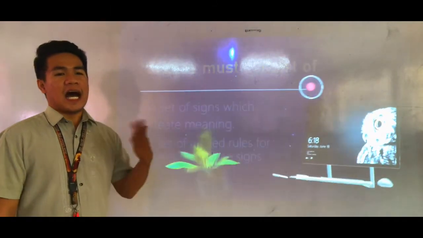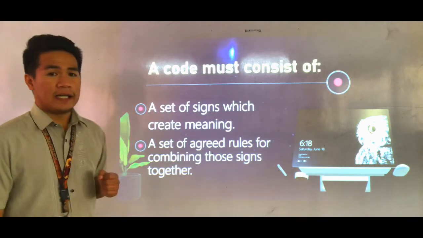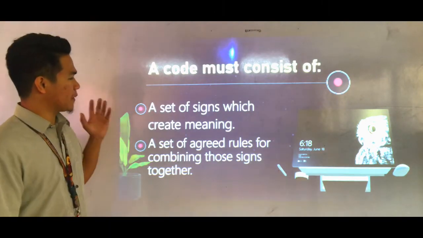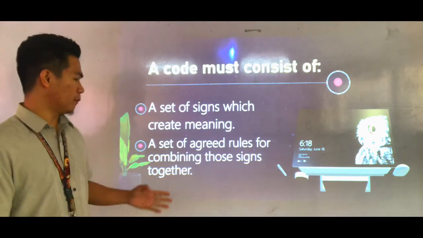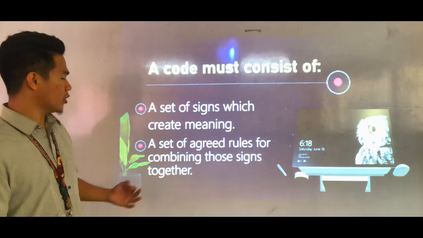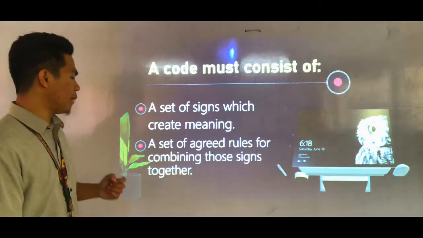A code must consist of, number one, a set of signs which create meanings. Number two, a set of agreed rules for combining those signs together.